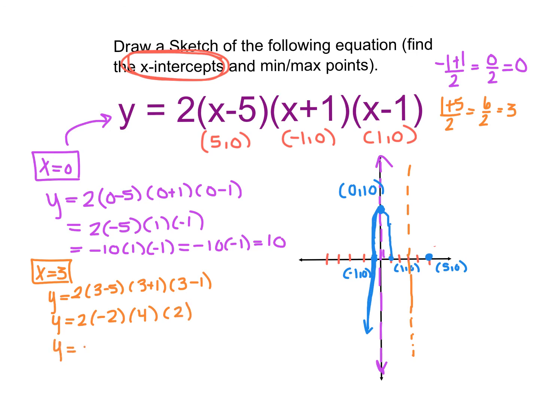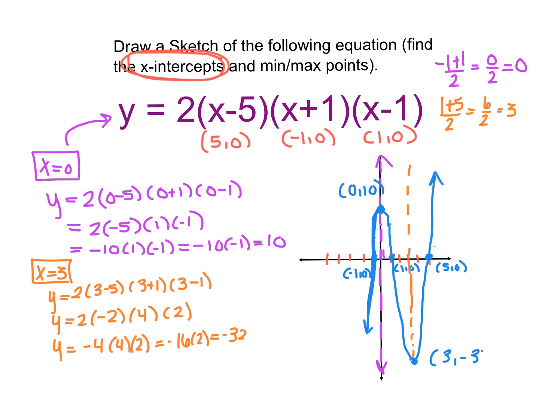So y is equal to, we get negative 4 times 2. Well, negative 4 times 4 is negative 16, which times 2 is a negative 32. So I have an important point at x is 3, y is a negative 32. I'm just going to estimate that it's way down here. So my graph comes down and then shoots back up. So here I have x is 3, y is negative 32.